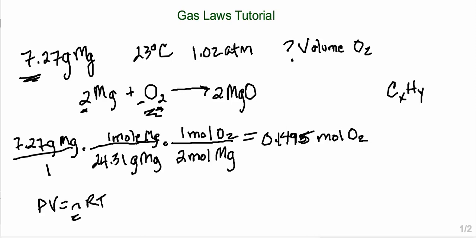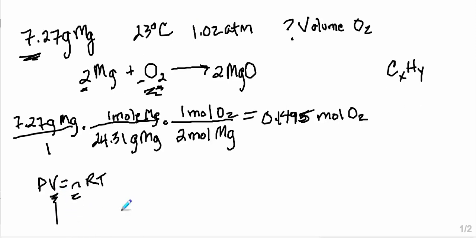So now I'm going to plug it in to PV equals nRT, solving for volume, which means that V, I'm manipulating the formula, V equals nRT over P, because I divided both sides by P. You know how to do that, correct? All right.